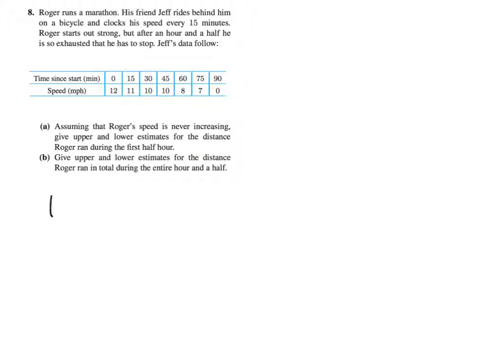So in part B, we would do exactly the same thing, only now we do the full estimate over the entire hour and a half. Again, the overestimate would be the left sum. And of course, this is only because the speed is always decreasing, never increasing. So the left data point is always higher than all the data points that follow.